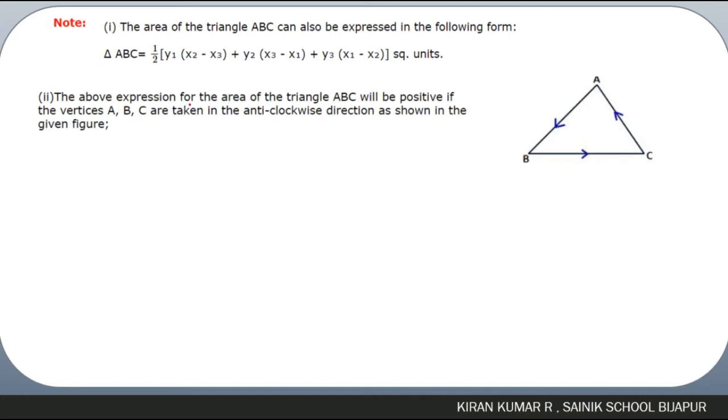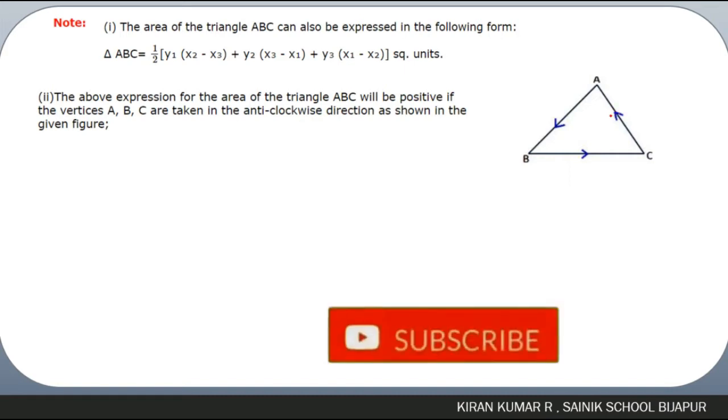The above expression for the area of the triangle ABC will be positive if the vertices A, B and C are taken in the anti-clockwise direction as shown in the figure here.